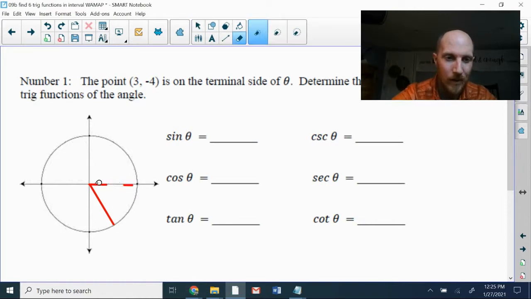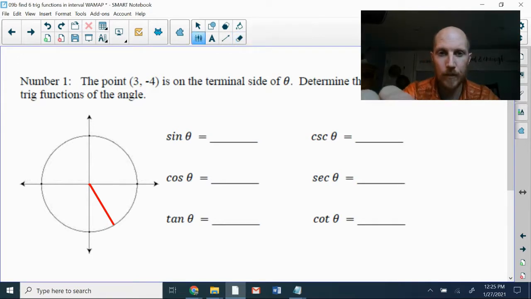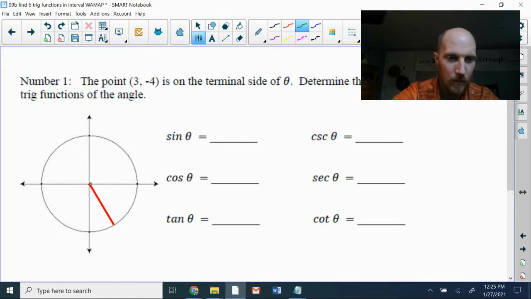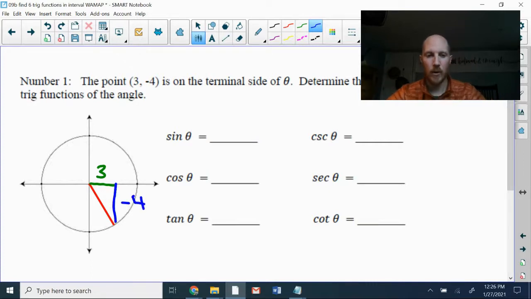Okay, I don't actually need this one. But in order to get to the point 3, -4, I'm going to need to go to the right by 3 and down 4. So there is my reference triangle. I've got one side of 3, one side going down 4, and then the radius of the circle is the vector connecting the origin to the point 3, -4.